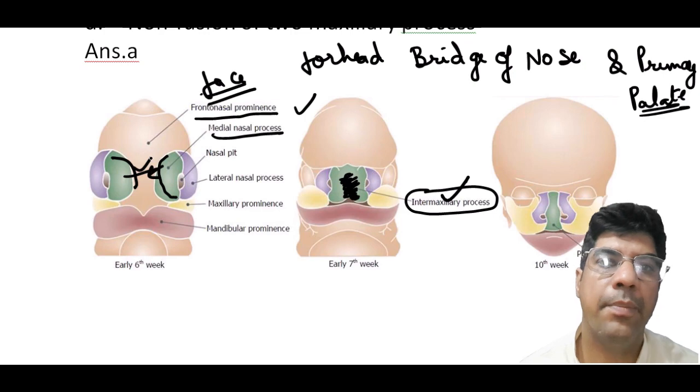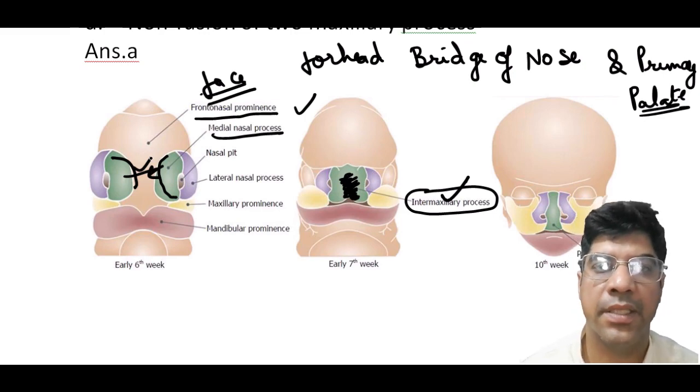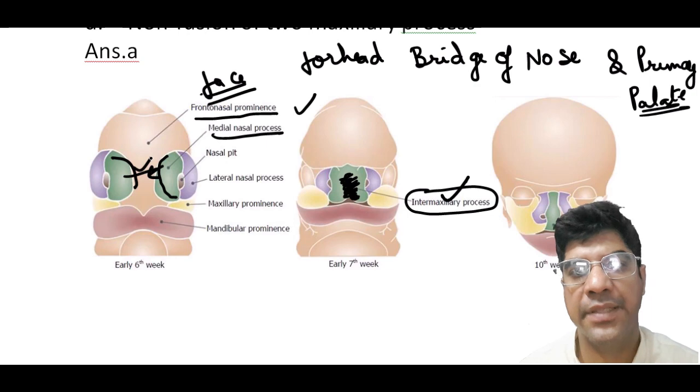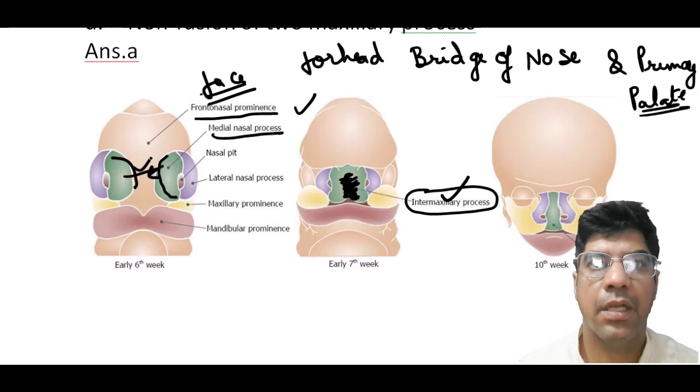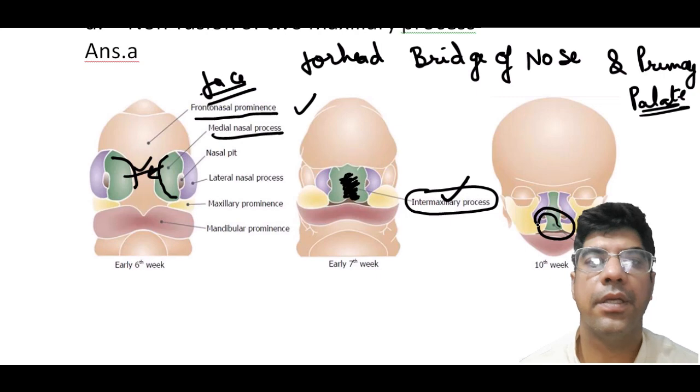So in normal development, the intermaxillary process fuses with the maxillary prominence on either side, forming continuous upper jaw and the lip. So if there is failure of fusion between the intermaxillary process and frontonasal prominence, you can see the cleft lip.